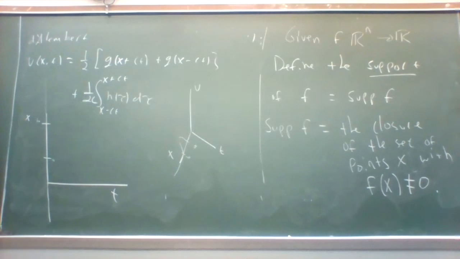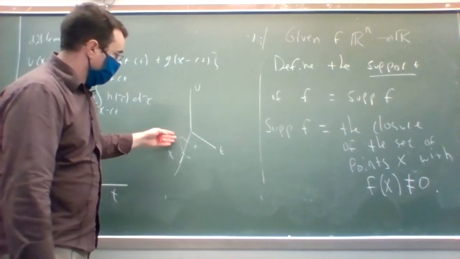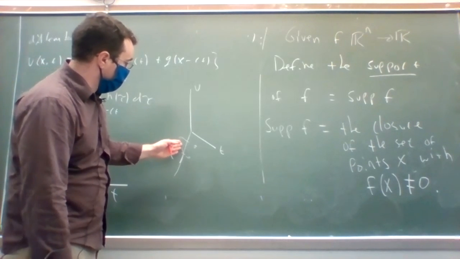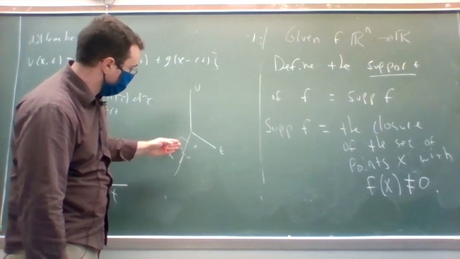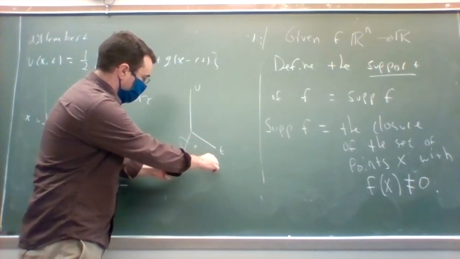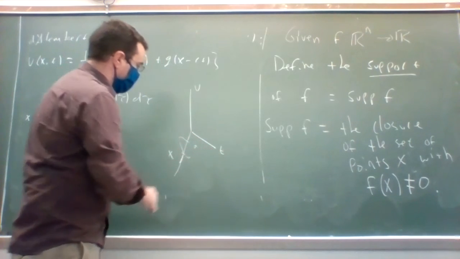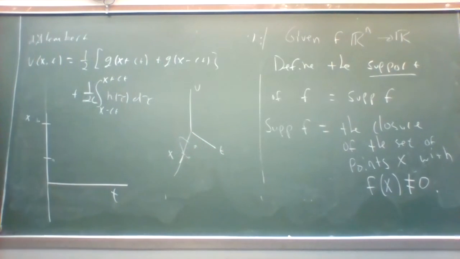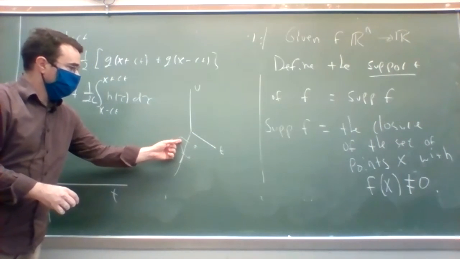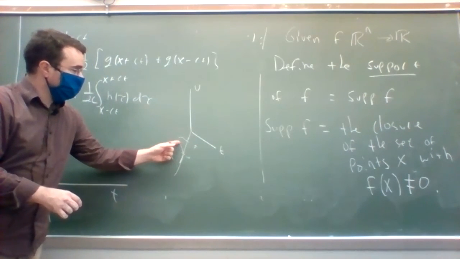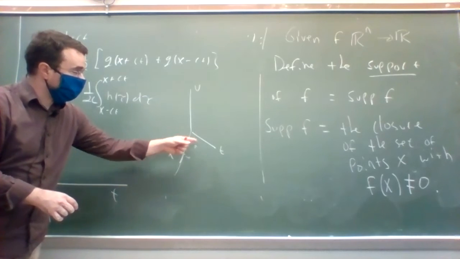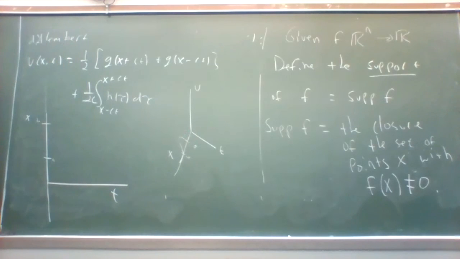If you look at your text, there's kind of a movie where you can see all the different time slices, and you can see this splitting into two waves and traveling off. And this information, this non-zero part, can't move faster than c.